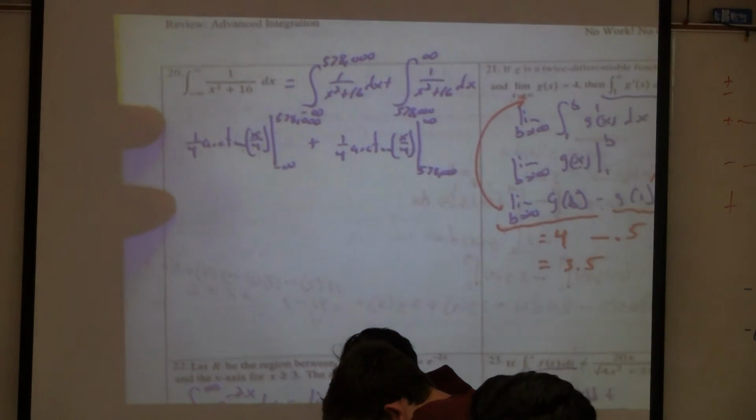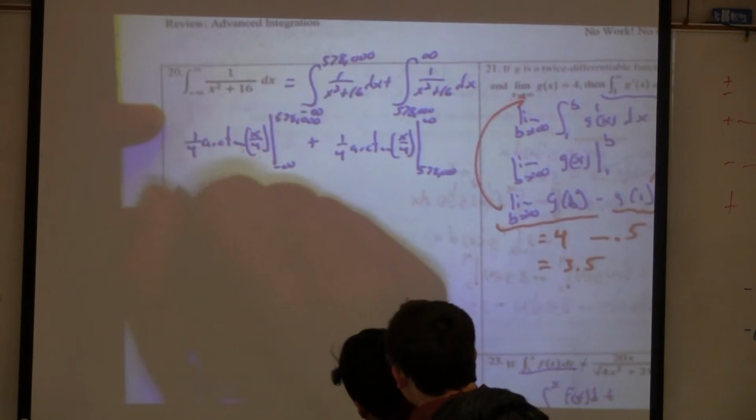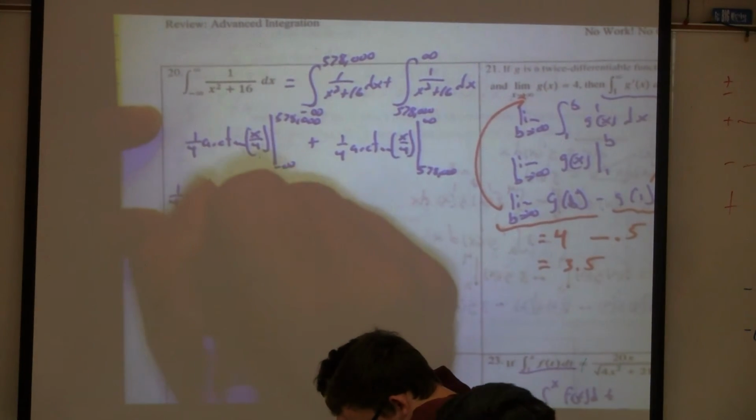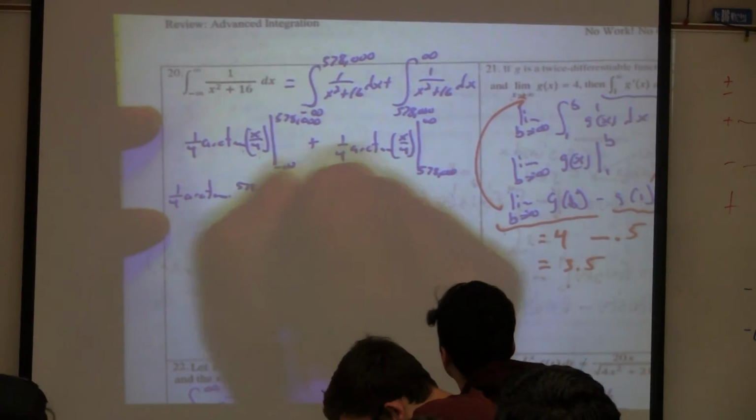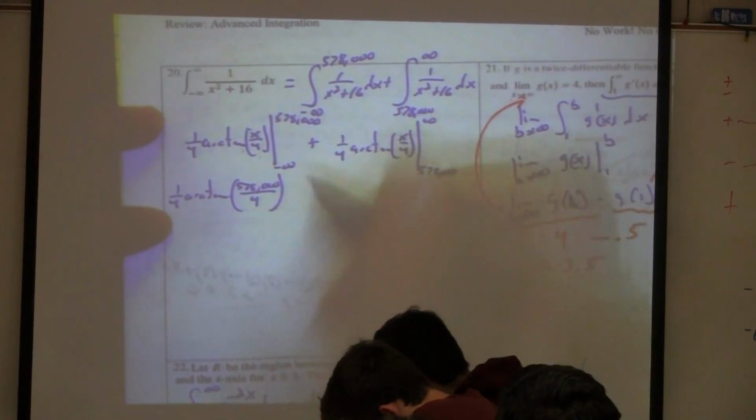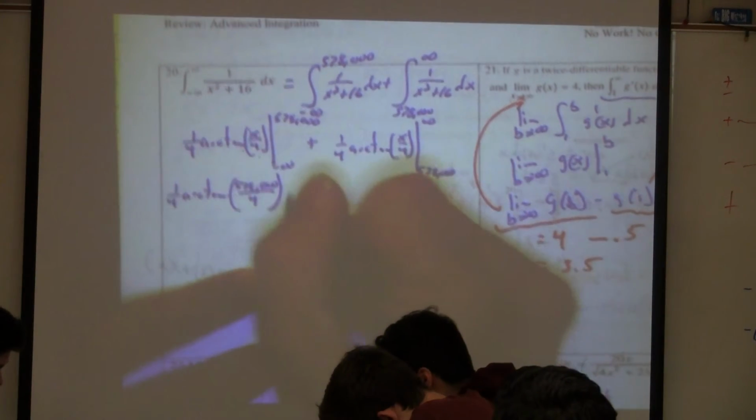You could use a different number if you want to. So let's see, we got 1/4 arctangent of 578,000 over 4, so use your number sense there. Simplify that.